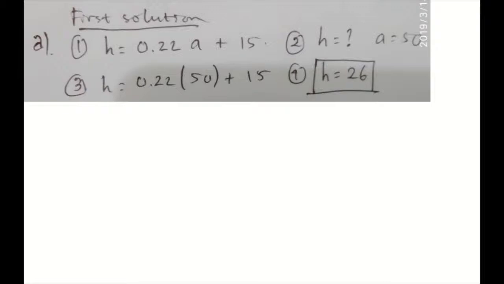If the mean of A is equal to 50, then the mean number of hours, H, is equal to 0.22 times 50 plus 15. So we get H is 26. There are 26 hours that the people being surveyed watch television per week. That's the first solution.